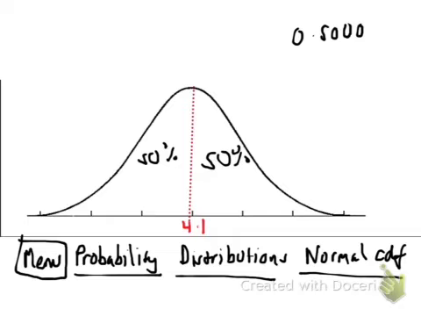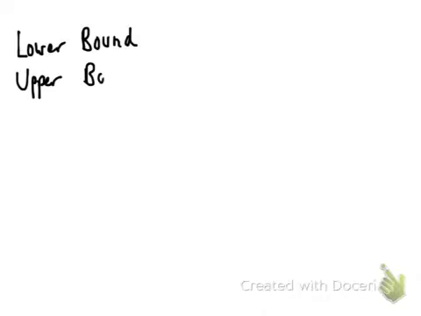You'll end up with a screen that has lower bound, upper bound, mu, which stands for mean, and standard deviation as well. So we'll enter those 4 values on our calculator.